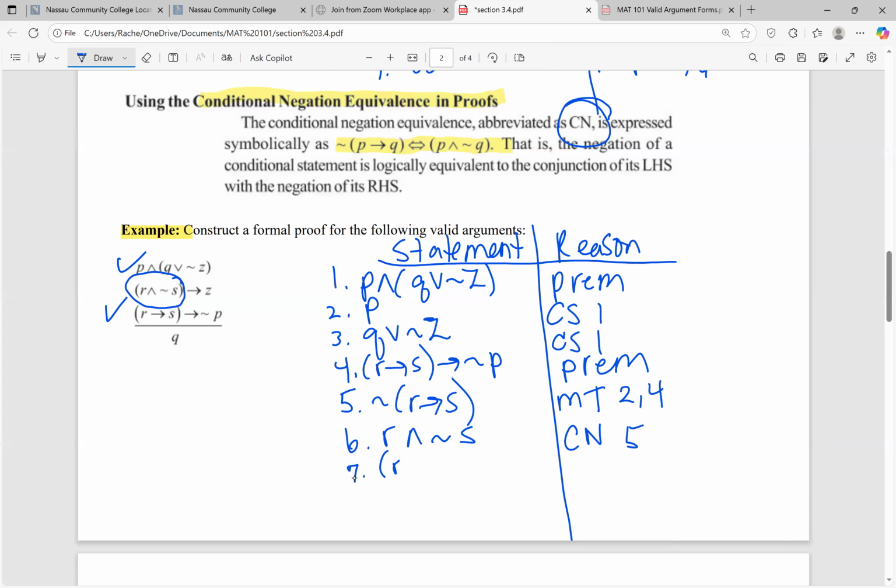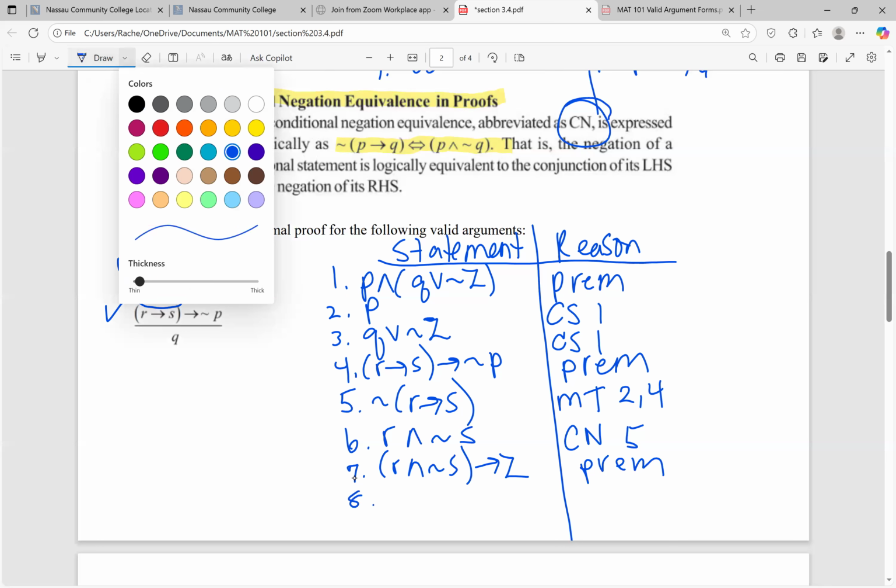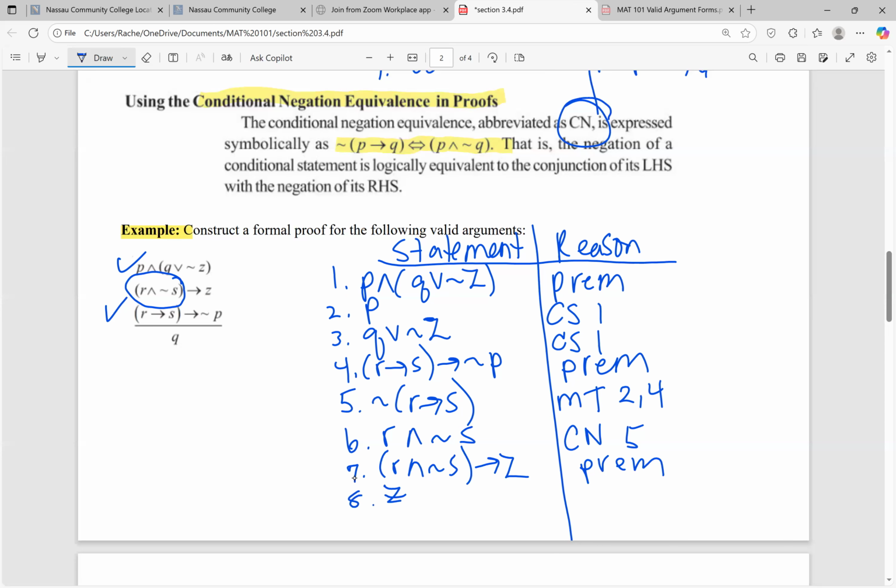We have R and not S implies Z. That's modus ponens. If we look at the left-hand side of the conditional in statement 6, they're the same. So that's the pattern for modus ponens. So we can conclude Z. So that's modus ponens on statement 6 and 7.